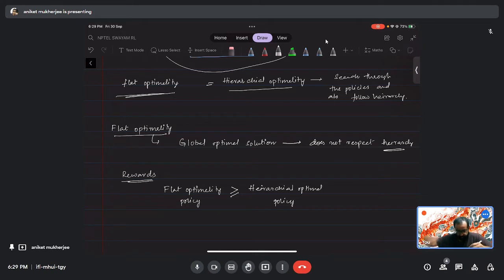So flat optimality will always be greater than or equal to hierarchical optimality. Hierarchical optimality covers those policies which follow the hierarchy and also try to come up with an optimal solution for the whole problem, not just subproblems, which is always greater than or equal to recursively optimal policy.